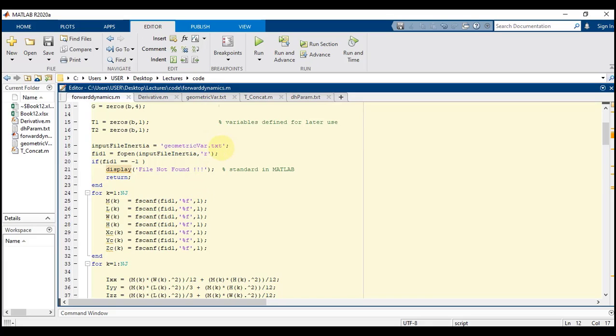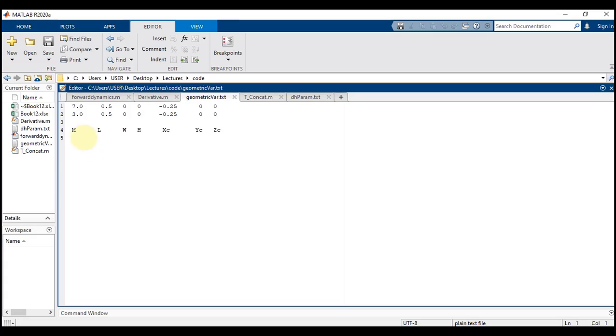We are reading another text file which has the geometric properties of the link, that is geometric var.txt. Here we have given the mass of the two links, say 7 units and 3 units. Length, width and height both are 0 for a slender link. XC is minus 0.25 and minus 0.25.